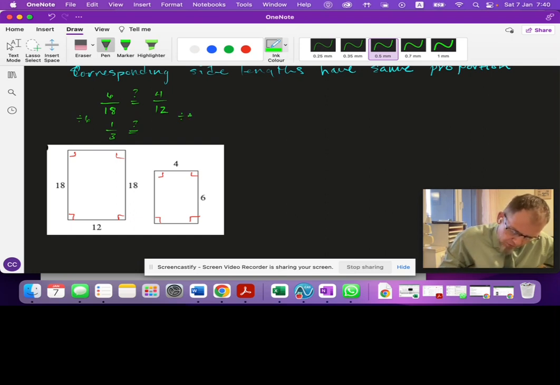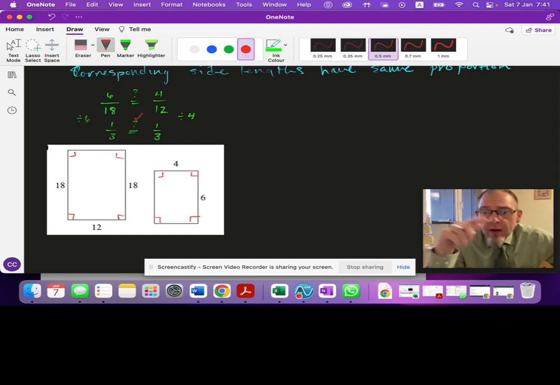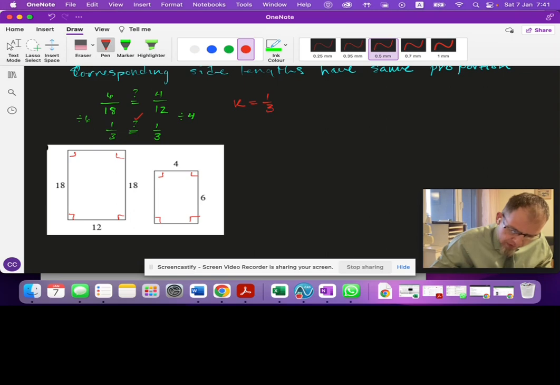If I divide by 4 on this side, I get 1 over 3. So we can see that yes, the sides have a common ratio, and that common ratio is 1/3. So my constant of proportionality, my k for this, is going to be 1/3.